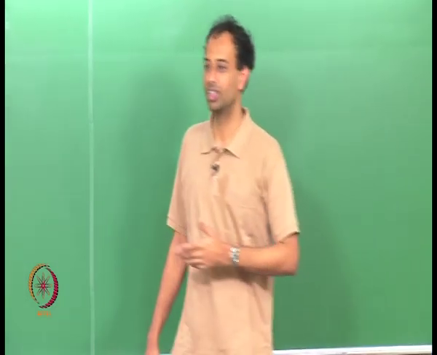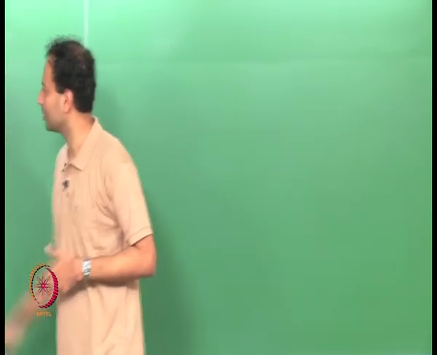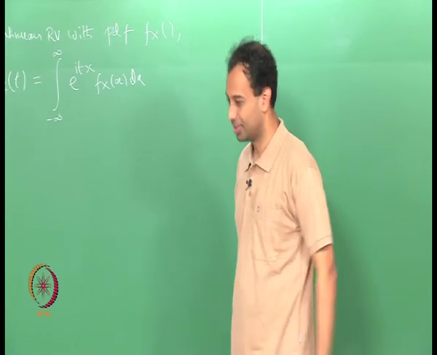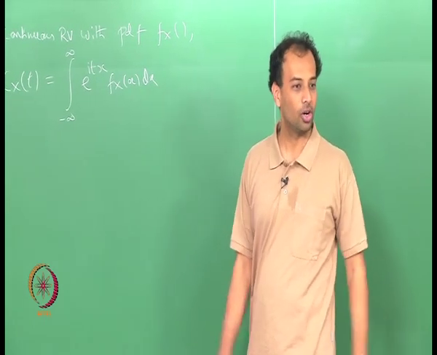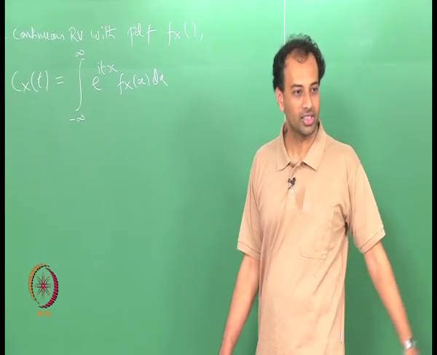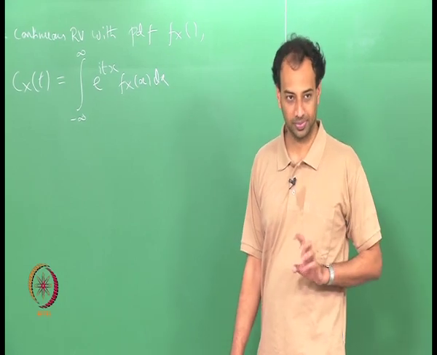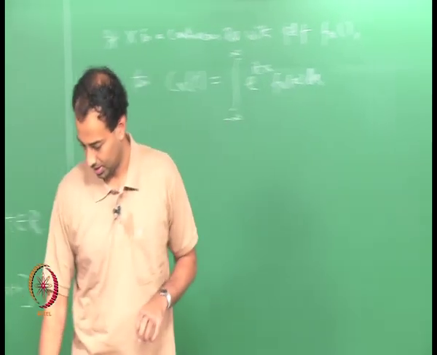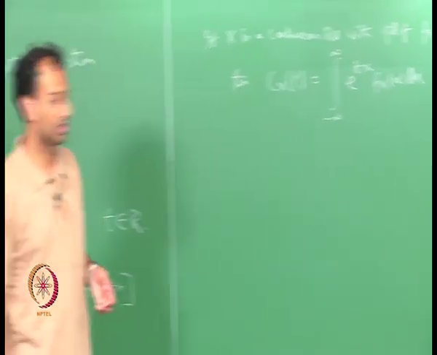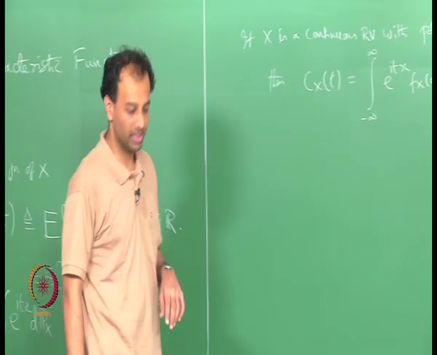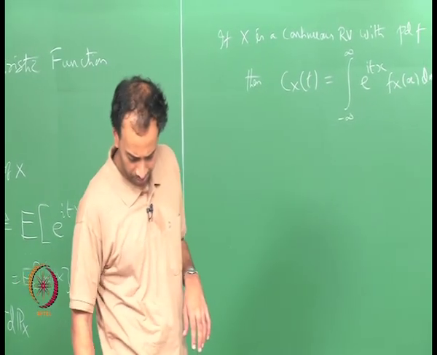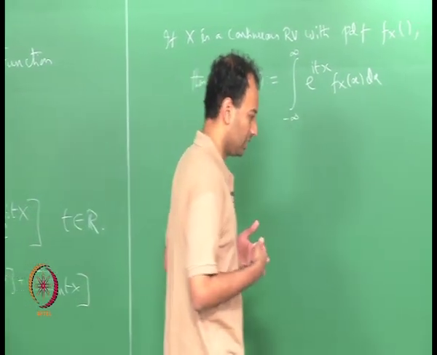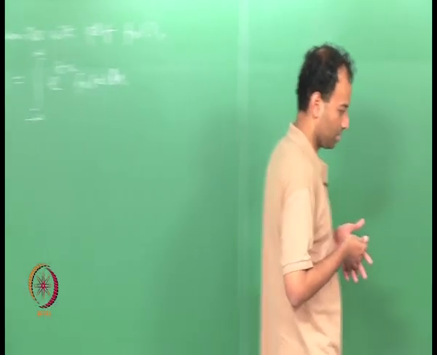This integral in particular you can show is uniformly convergent for all real t. Absolutely convergent, therefore uniformly convergent. So, this is always well defined, that is one thing. So, you can handle even random variables such as Cauchy.